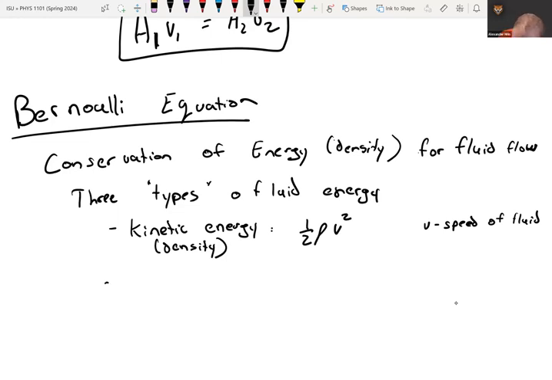And then another one would be potential energy. You will have seen this formula before when we were dealing with static fluids, but this is going to be rho g h. As a reminder, h is the height above a zero point.